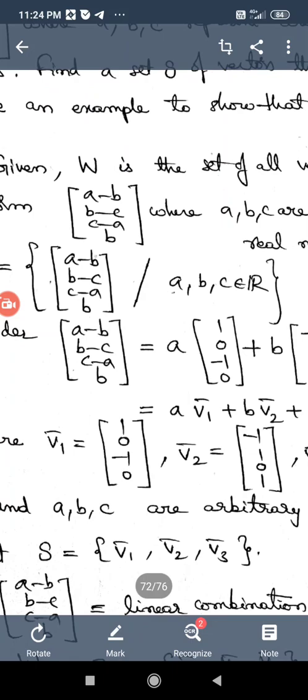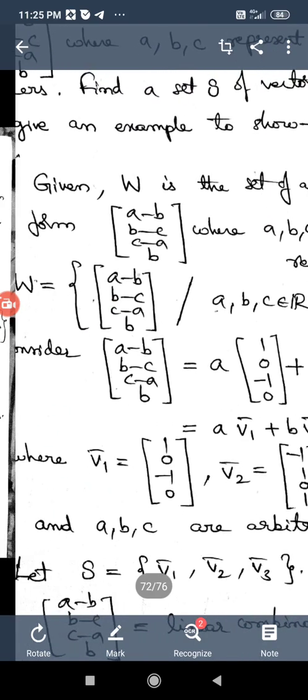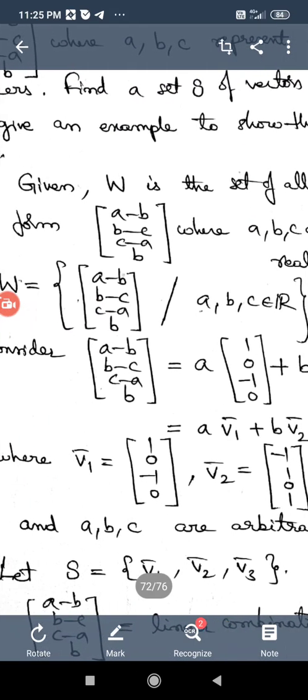That means A, B, C can be any real numbers. Then (A minus B, B minus C, C minus A, B) gives any column vector or any element of the set W. As W consists of all the 4 by 1 column vectors, it can be treated as a subset of R4 first of all.